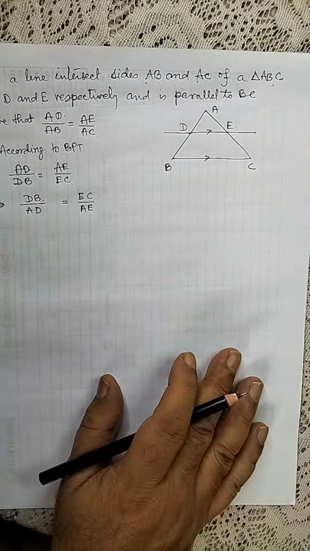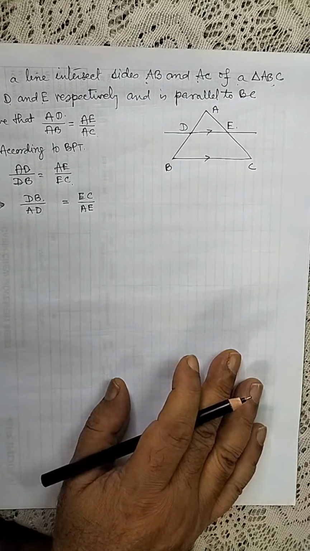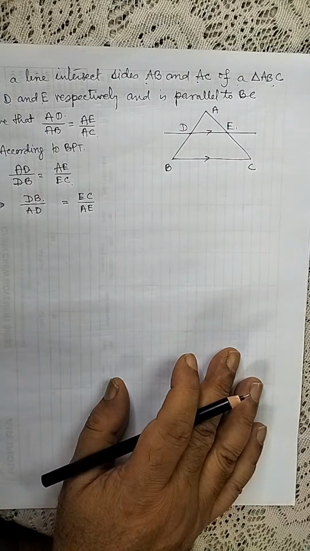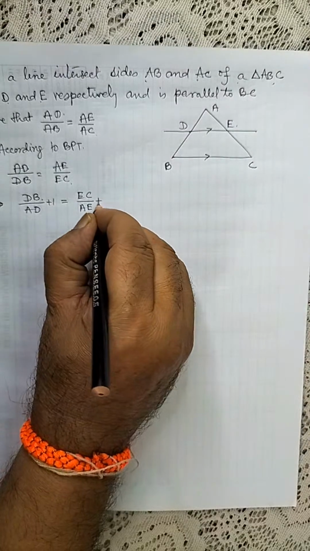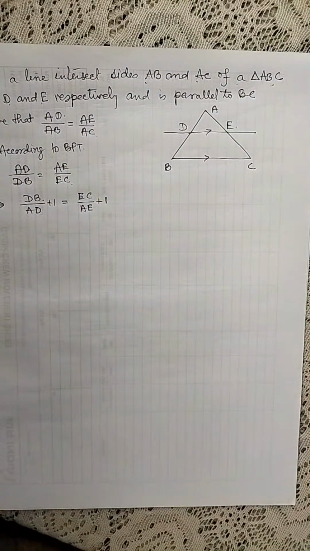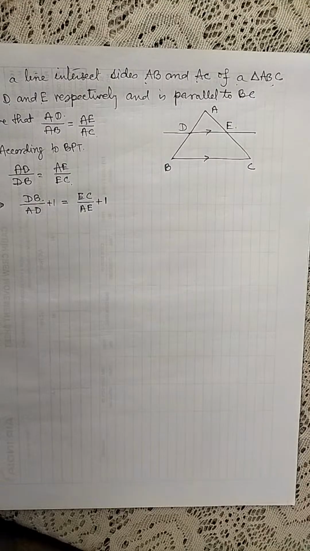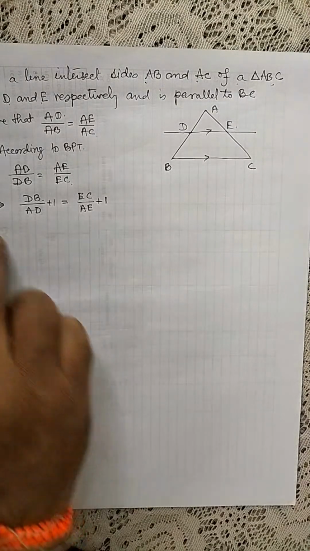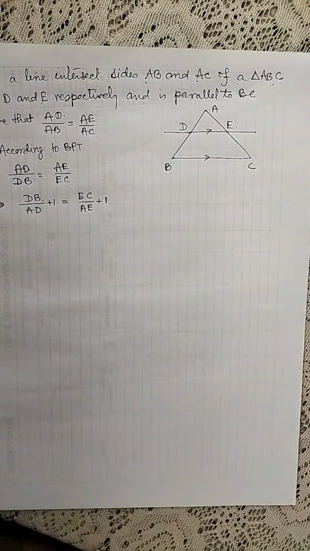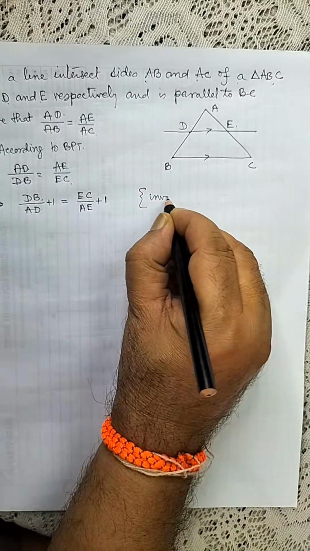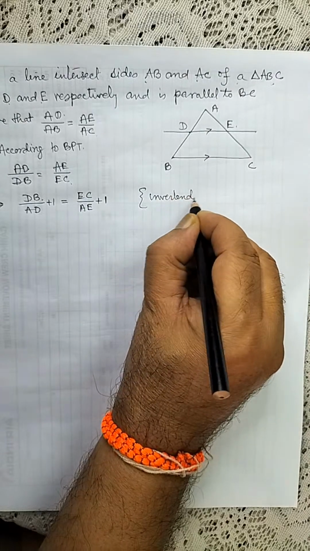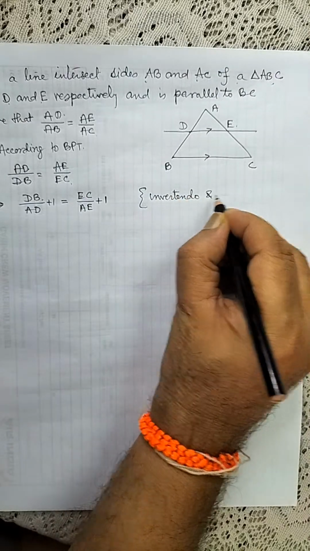In the next step, let me add 1 on both sides. Now this is also a property. Adding 1 on both sides of a proportion is called componendo. So what properties have I used here? Invertendo and componendo.